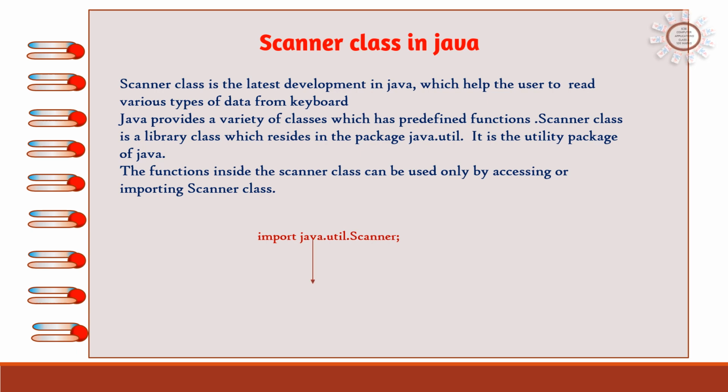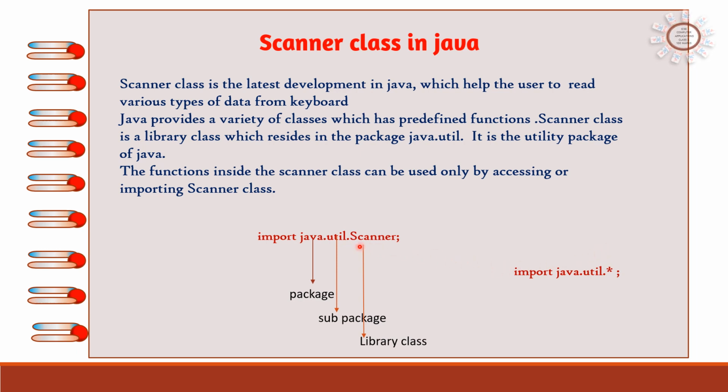So in this case, java is the package name in which the class is stored, and util, the utility, is the sub package, and Scanner is the library class. So if you are importing, for example, java.util.*, all classes of the util package will be imported into the program.